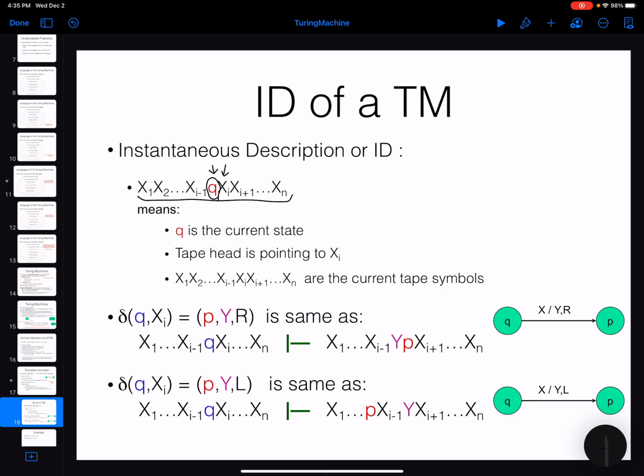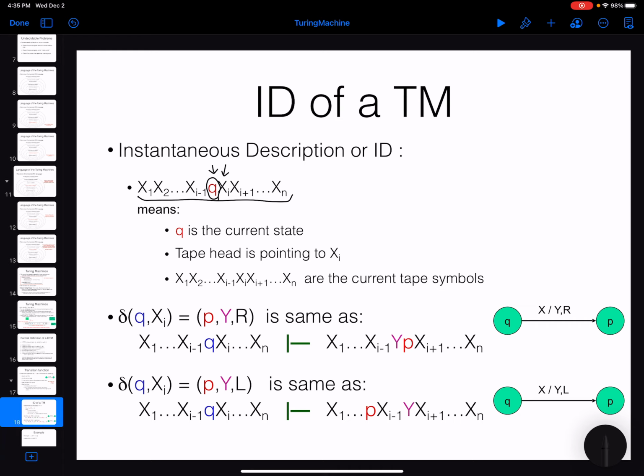You put it exactly before the next symbol that you are going to read, so the position of the Q tells where the head of the tape is.